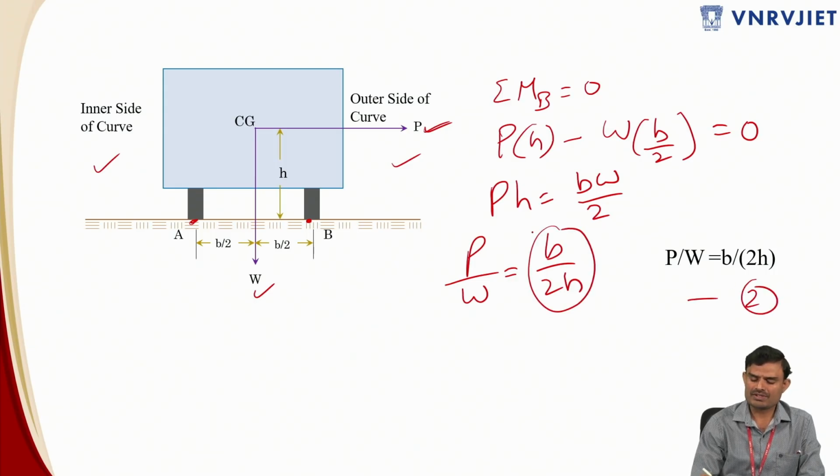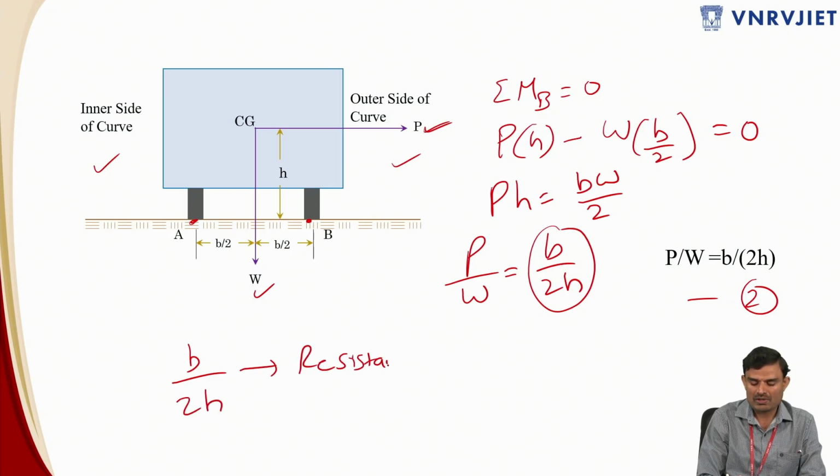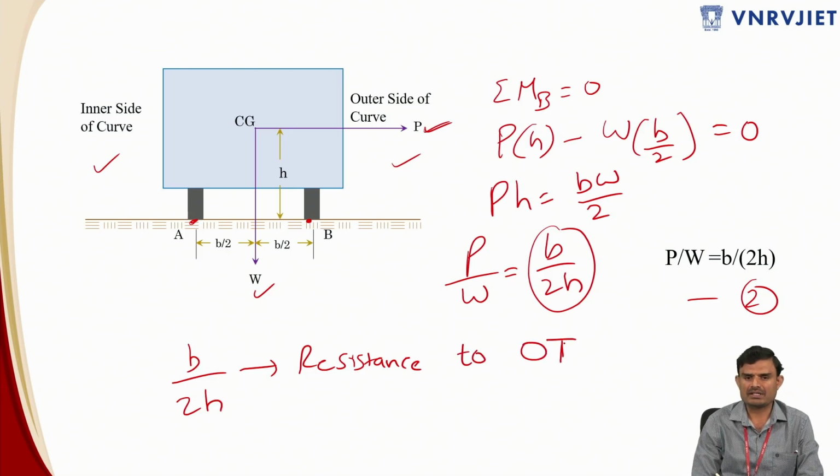This term B by 2H, I am going to write over here. This parameter is said to be the resistance to overturning. Very important, resistance to overturning, OT. I am writing it as an abbreviation. So we already know P by W is centrifugal ratio or jerk factor or impact factor, and this B by 2H is the resistance to overturning.